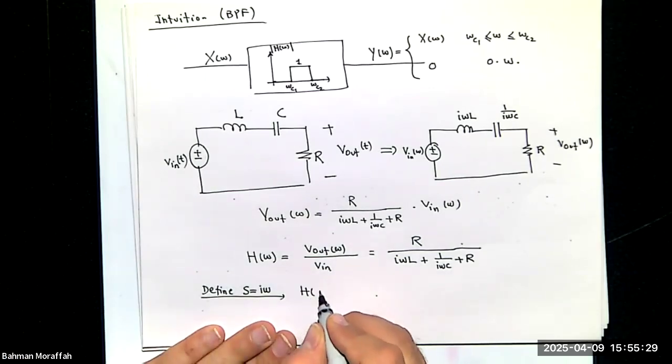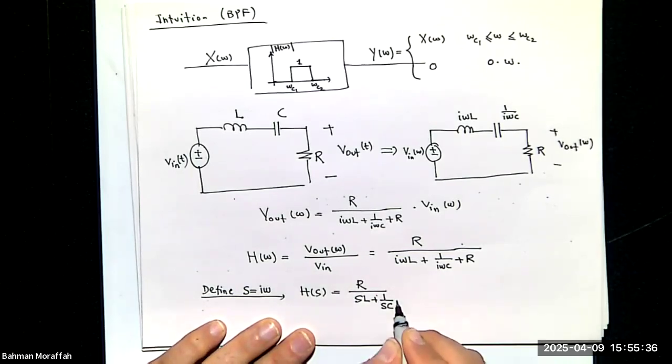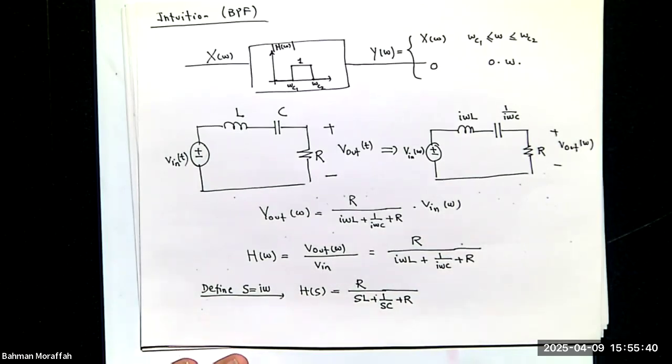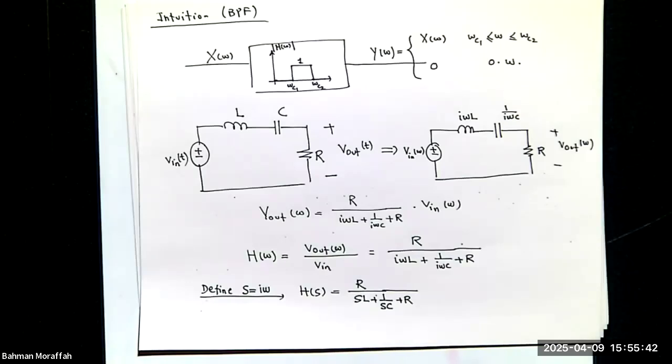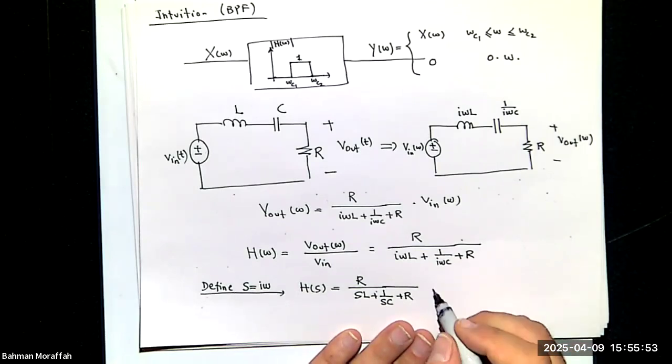So I can write H of S as R over SL plus 1 over SC plus R. And then I can simplify.